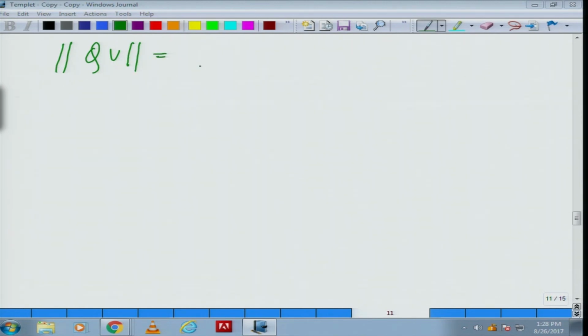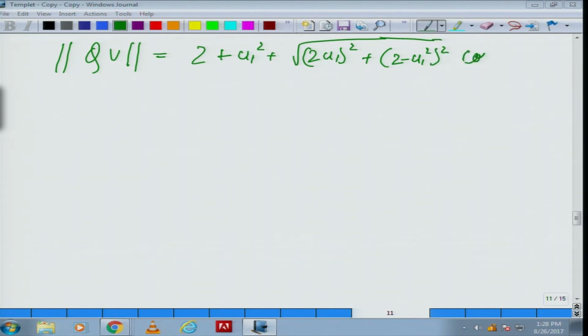Now this is what we get for QV, and then we have to take the norm of it. By solving it you can come up to this: square root of (2 plus U1 square by 2 U1) whole square plus (2 minus U1 square) whole square, into cos of 2 theta minus tan inverse of (2 minus U1 square by 2 U1).